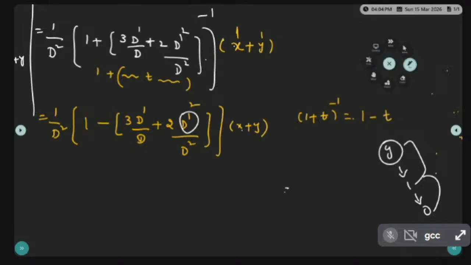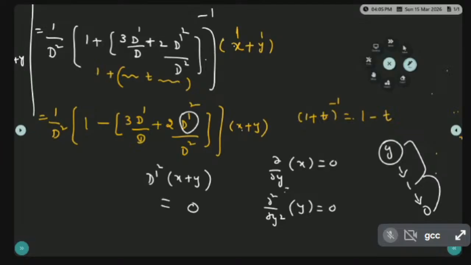Look, D' of x is 0. Now crystal clear. D' of x obviously 0 and the second derivative of y also 0. Therefore, when you apply D'² to that term, the result will be 0.